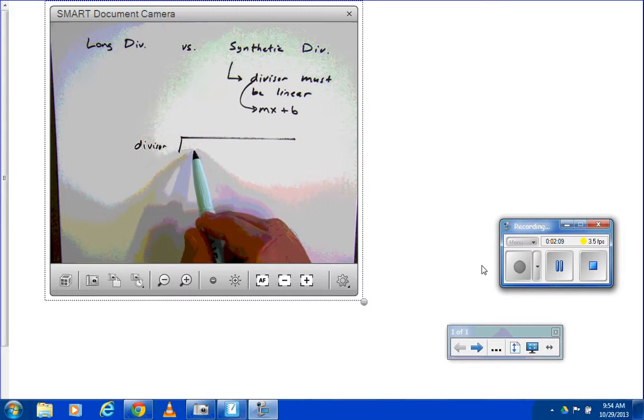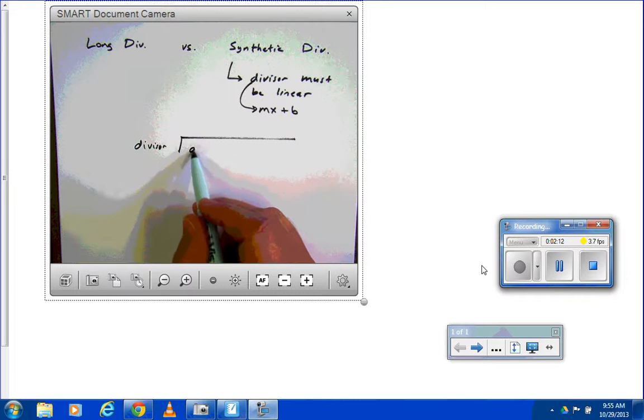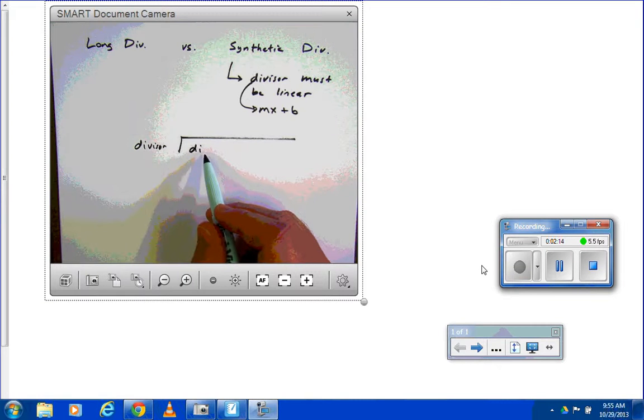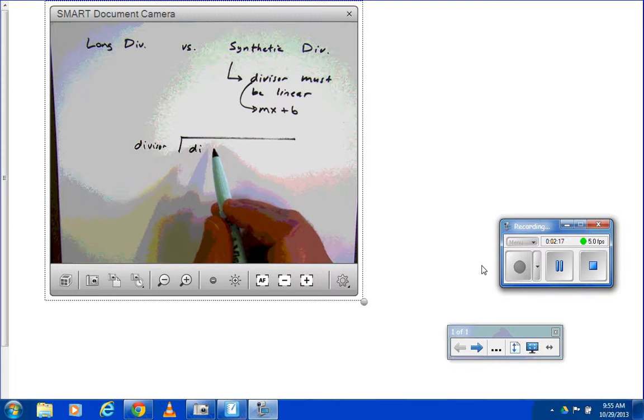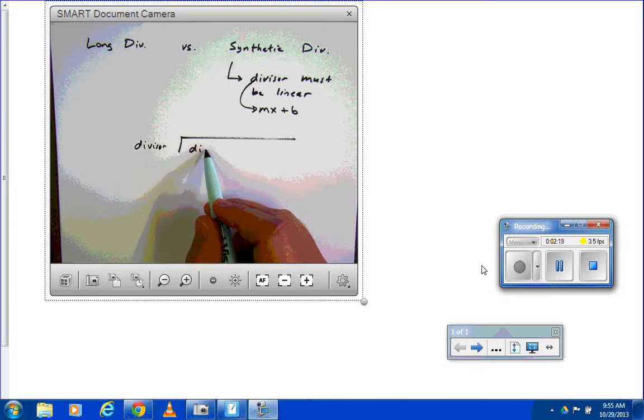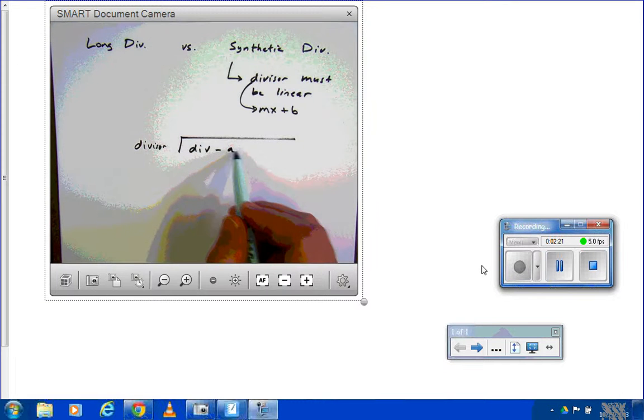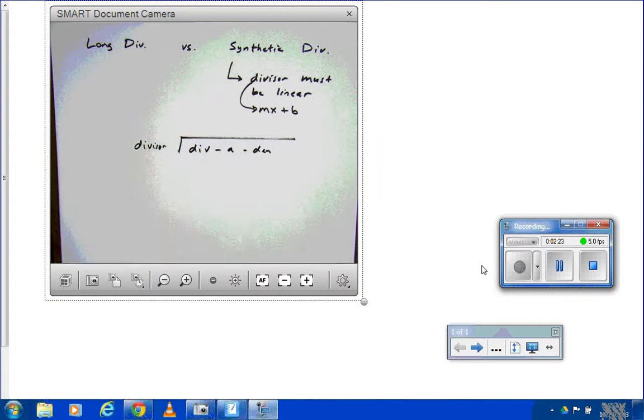Probably not. Dividend, very good. I like to call it the dividend. It's kind of hard to say. Can't spell it either. Dividend. So this is what we're mainly focused on, that divisor right there.